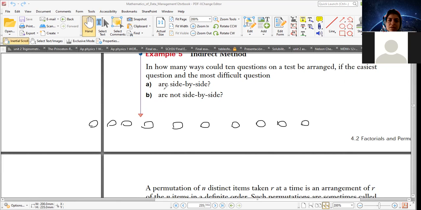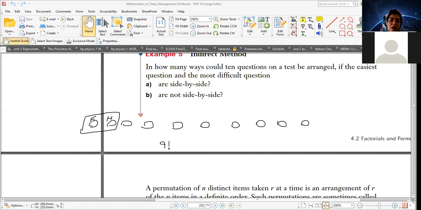Just imagine that the easiest one and the hard one are side by side, right? If they are side by side, I can count them as 1 question, like 1 position. And I can permute all of that. Now, how many is the permutation? 1, 2, 3, 5, 6, 7, 8, 9, right? So it's going to be 9 factorial.